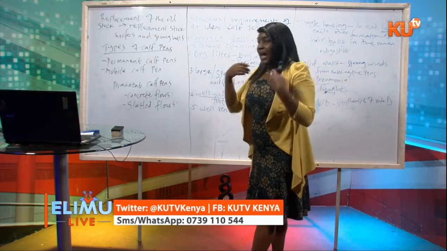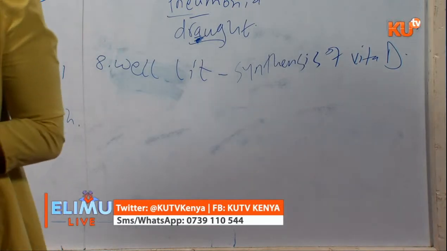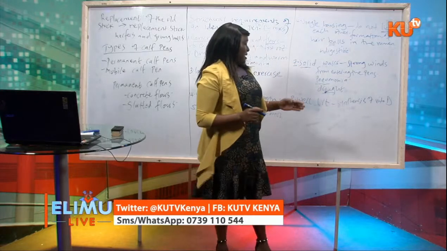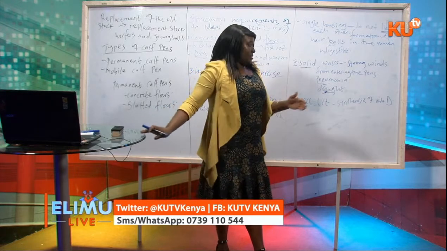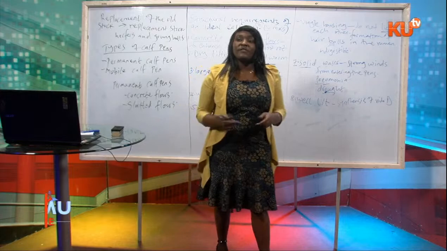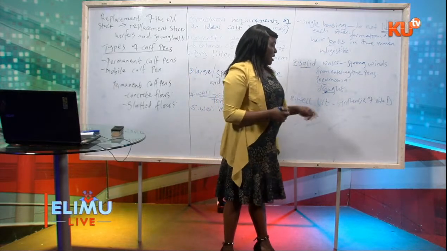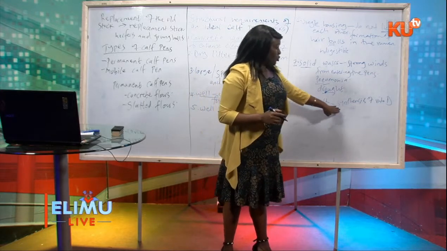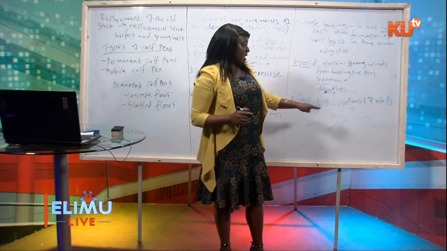And again, I would like to pose a question, and I am expecting a response on the SMSs. What is the deficiency that is brought about by lack of enough vitamin D? Deficiency of vitamin D causes which disease, whether in livestock or in humans? So we need to know why we need to keep the calf pens lit.